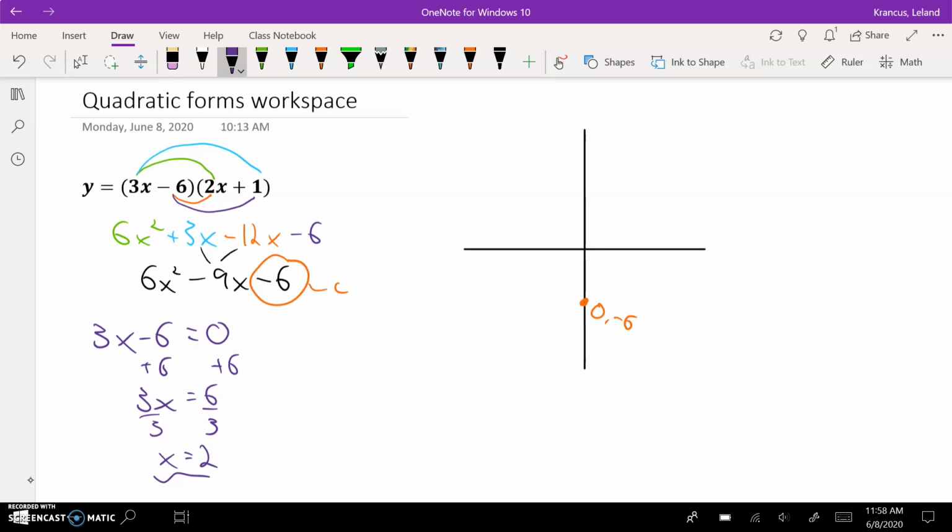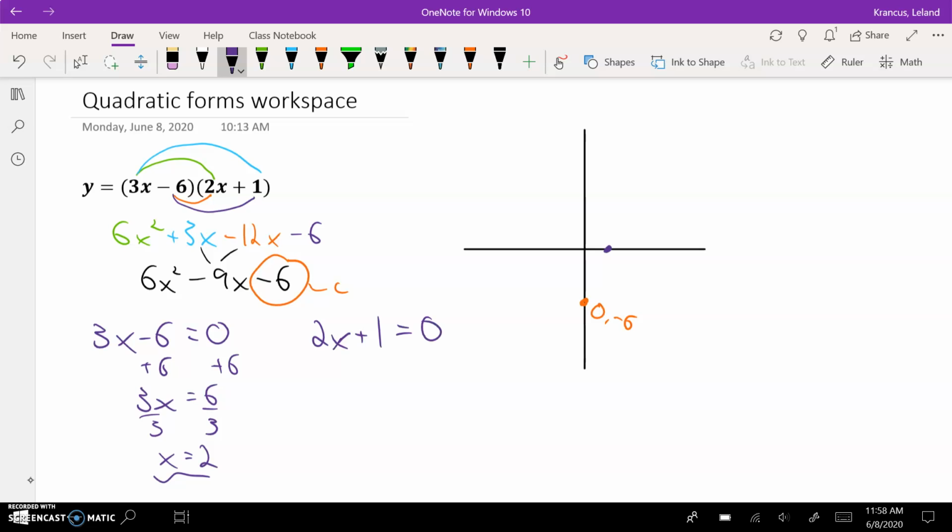It doesn't matter what the second binomial is equal to when x is 2. Anything times 0 is 0. So we know that one of our x-intercepts is right here. Again, I'm just eyeballing this. And then to find the other x-intercept, we'll solve the other binomial for the value of x that makes the expression equal to 0. So 2x plus 1 equals 0.